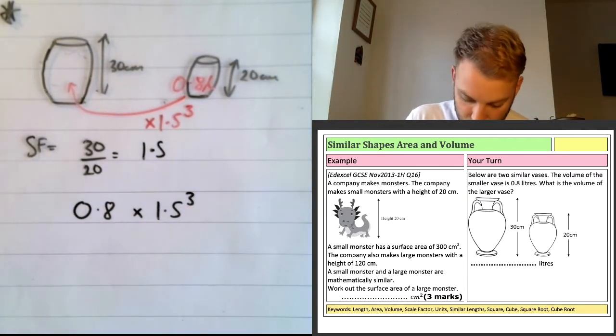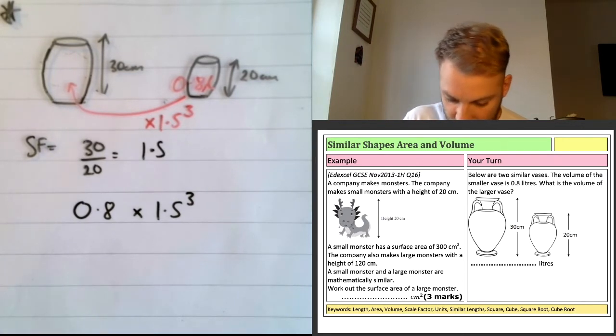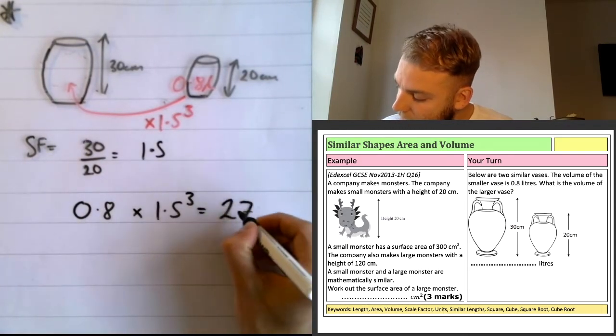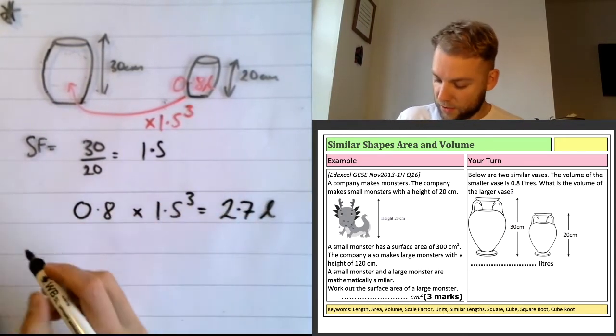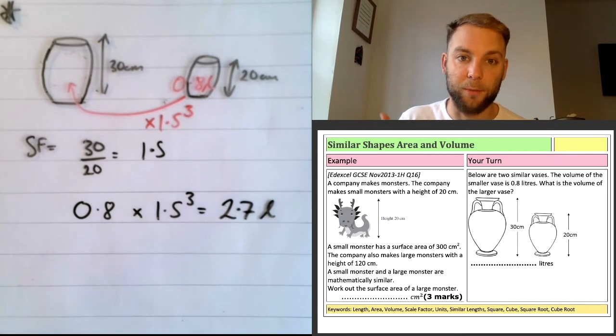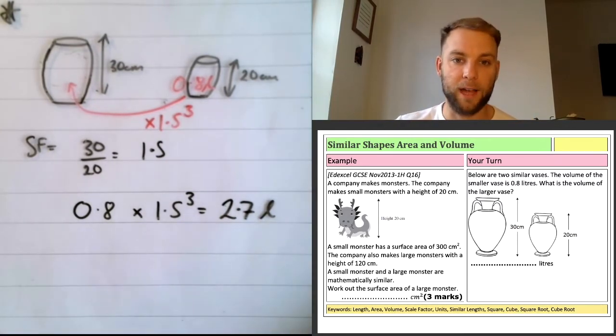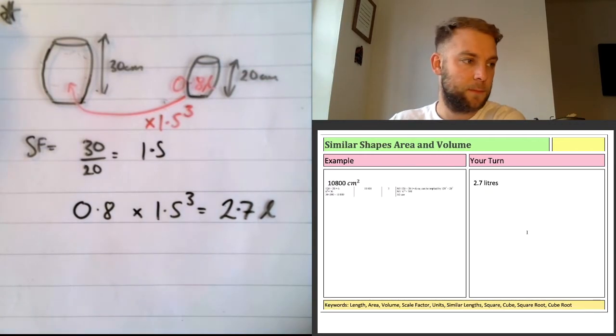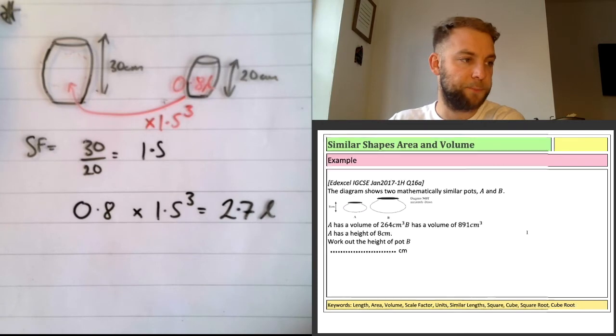Let's have a look at that. Which is equal to 2.7 litres. So this one here is 2.7 litres. It's all about that cubing and understanding that litres is a measure of volume. That's the extra layer here, isn't it? Okay, so let's just check those answers. 10,800, brilliant, and 2.7 litres, super.